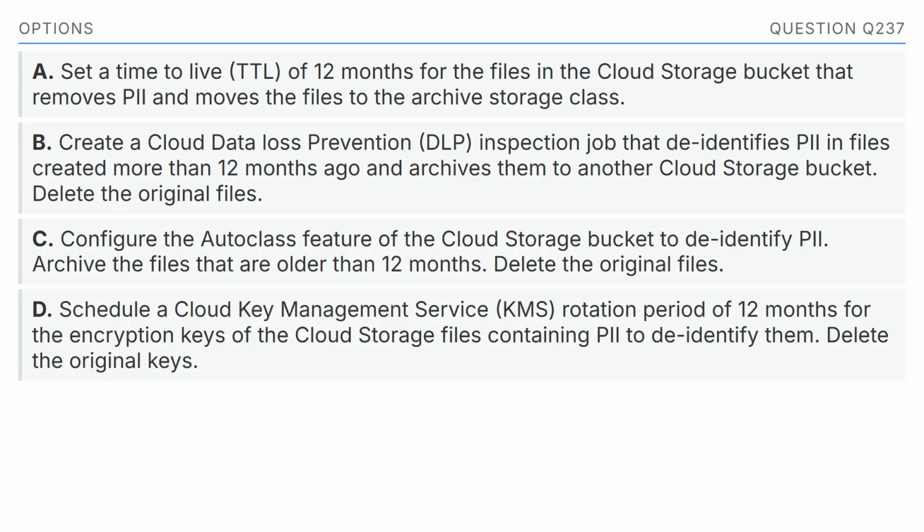Option C, configure the auto-class feature of the cloud storage bucket to de-identify PII. Archive the files that are older than 12 months. Delete the original files. Option D, schedule a Cloud Key Management Service, KMS, rotation period of 12 months for the encryption keys of the cloud storage files containing PII to de-identify them. Delete the original keys.